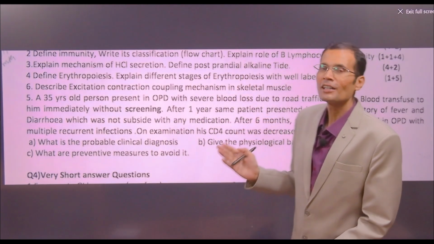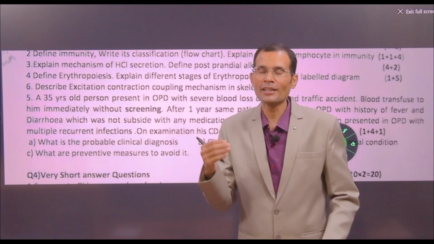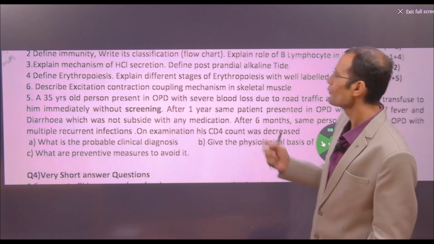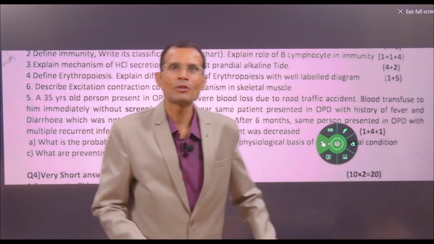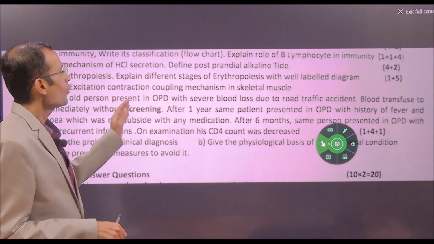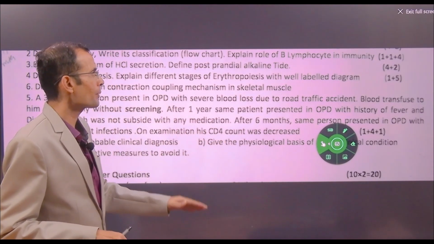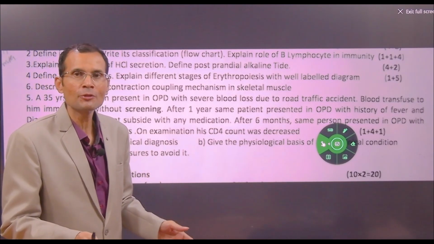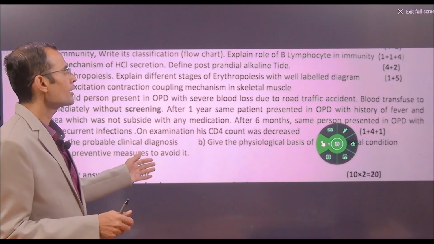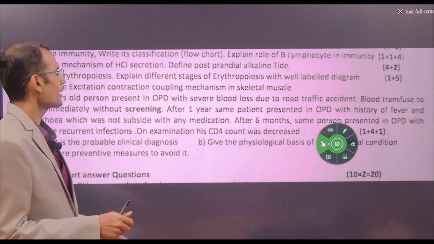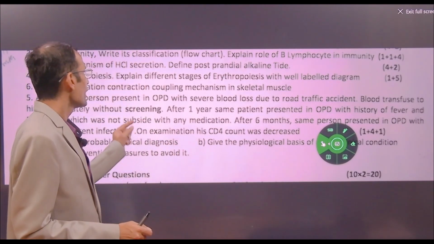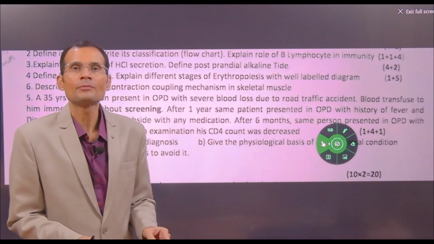So apparently it might appear to you as a case of shock, blood loss, hemorrhagic shock, but no. Blood transfusion was given to him immediately without screening, and 1 year later, the same patient presented in the OPD with history of recurring fever, recurring diarrhea which is not subsiding, and after 6 months again the same person presented with multiple recurrent infections, and on examination his CD4 count was decreased.